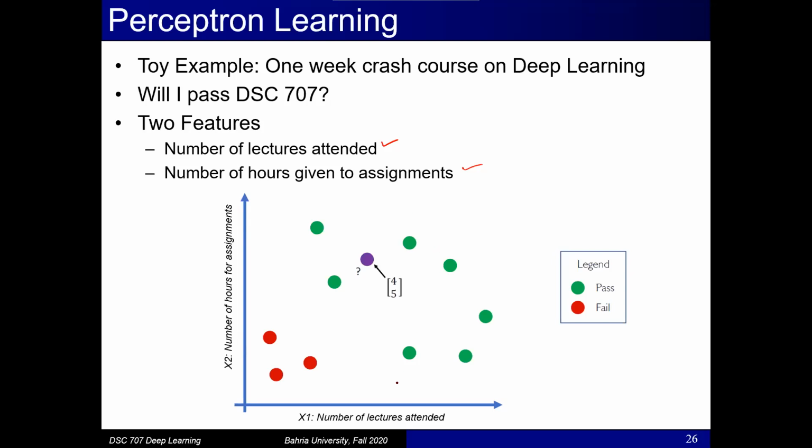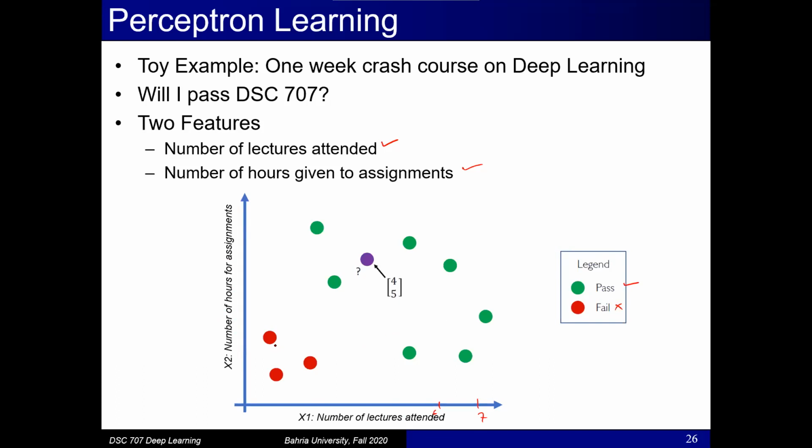On this axis we have the number of lectures attended. So maybe this is 7 lectures, this is 6 lectures, and so on. And on this axis we have the number of hours you dedicate to assignments. All the green dots are the candidates who could clear this course, and these 3 red dots are the candidates who could not clear.